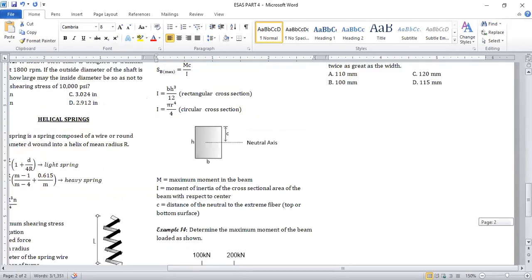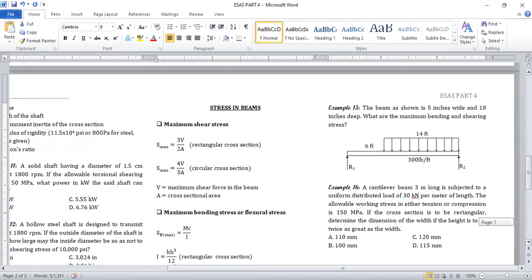And we go to number 15. Okay. So number 15, we're given the beam shown, 5 inches wide and 10 inches deep.